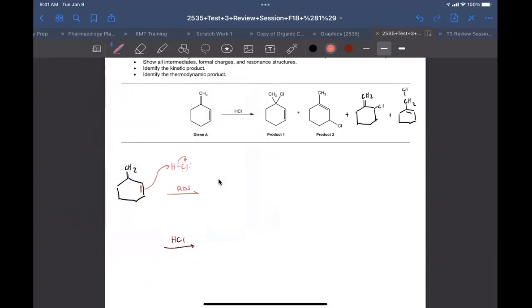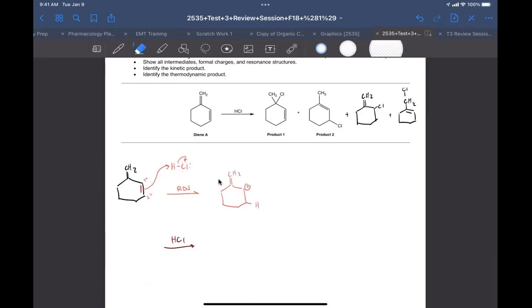And if that was the case, then 1-2 addition. Well, a secondary carbocation can be here, Cl. Oh, nope, that's supposed to be it. Okay, H is right there, and then our alkene CH2 is right here.